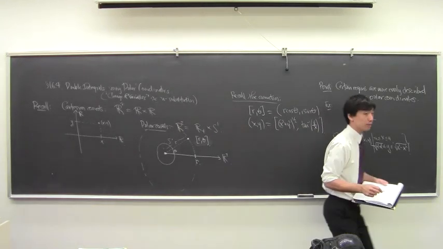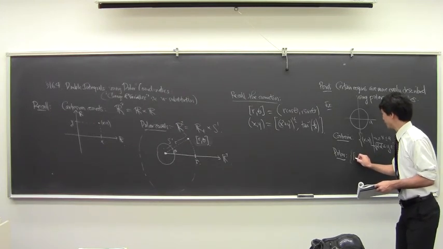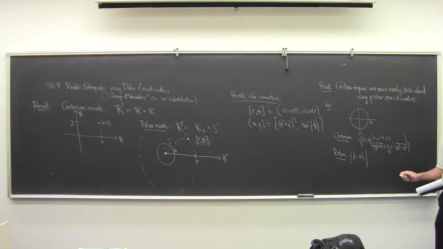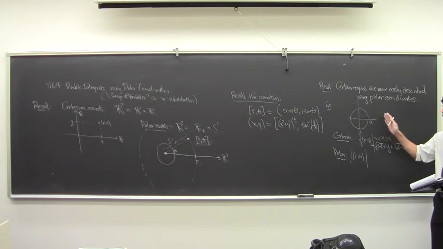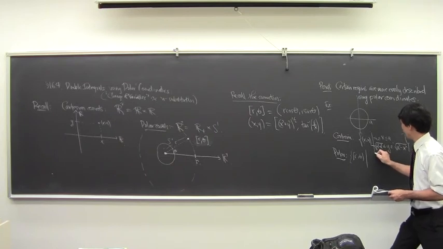In polar coordinates, what's this? How would we describe a circle in polar coordinates? It's all points (r, theta) where, what do we say about r? The distance to the origin is between 0 and a. So r lies between 0 and a.